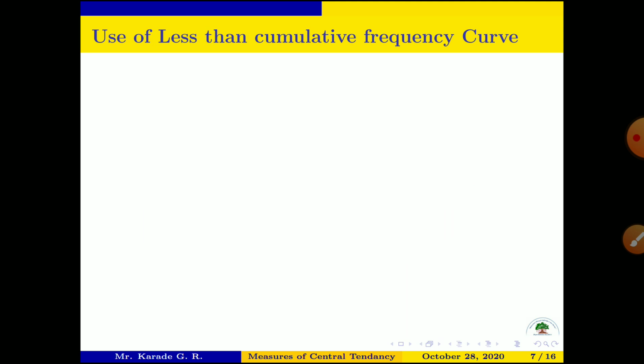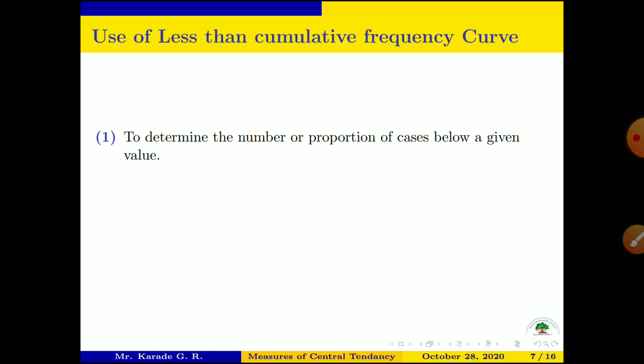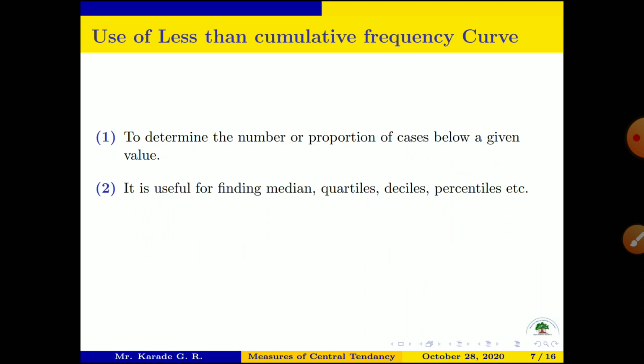Now let us see what is the use of the less than cumulative frequency curve. First use is to determine the number or proportion of cases below a given value. That is important. And second, it is useful for finding the median, quartiles, deciles, percentiles, etc. of the given data.